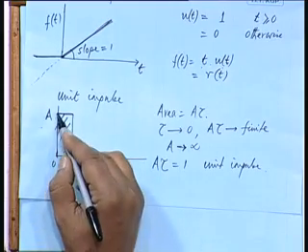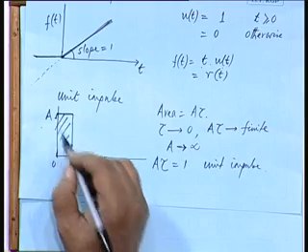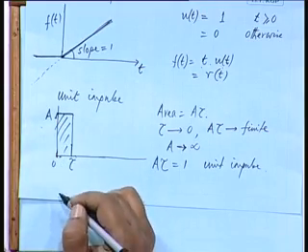So the change in momentum is this product F into tau, and you can measure the magnitude of the impulse by the area under this curve, neither by the magnitude of the force F nor by the duration of contact tau alone.